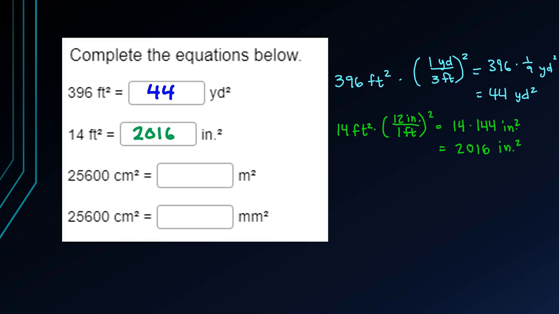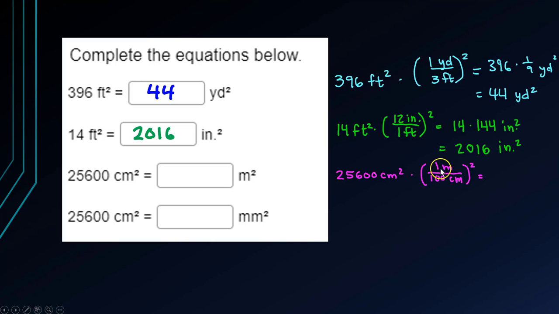Now for 25,600 square centimeters. I know there are 100 centimeters in the meter, so I'm going to use that conversion to assist me here. But again, I have to make sure I have square centimeters and square meters involved. So I'm going to take 25,600 square centimeters.